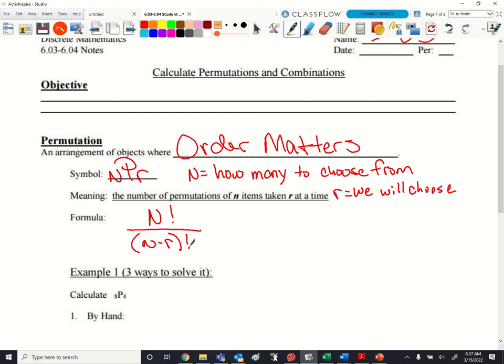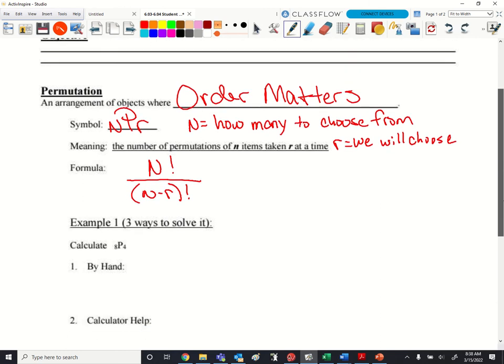Now, on your calculator, we got to show you where the factorial is, because there's 2 ways of doing this. There's one, just plug it into the calculator like we did on the warm-up, or 2, we write it out step by step. And you got to know what factorial means.